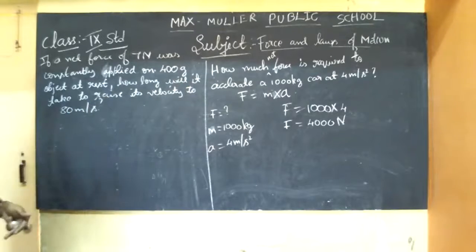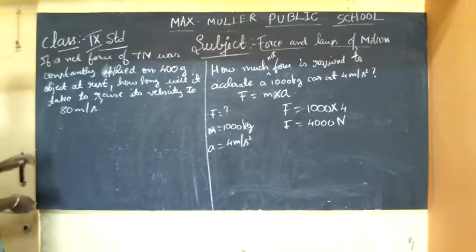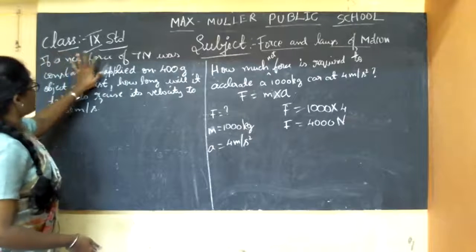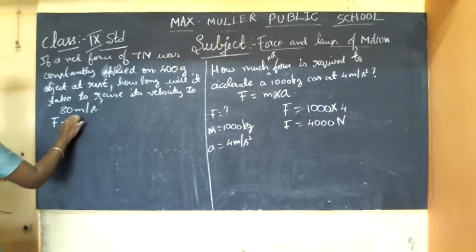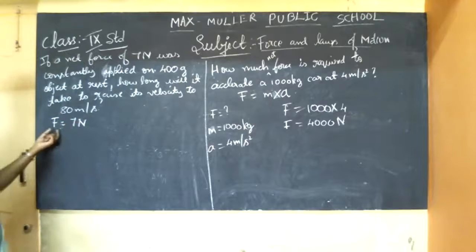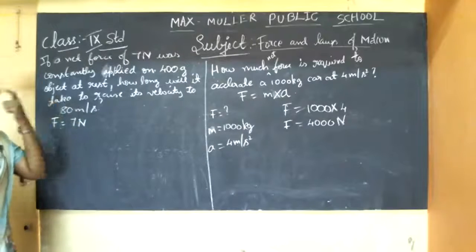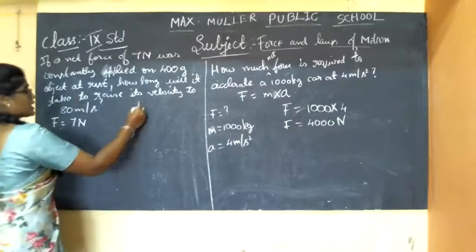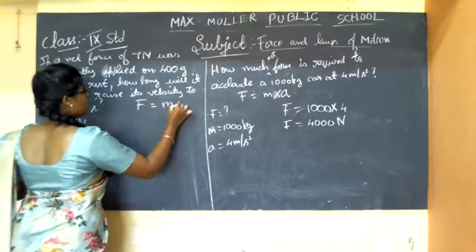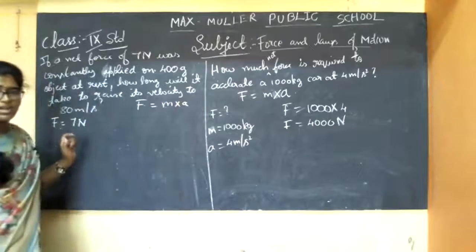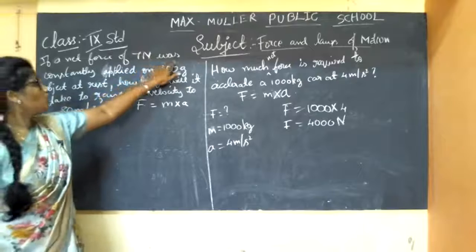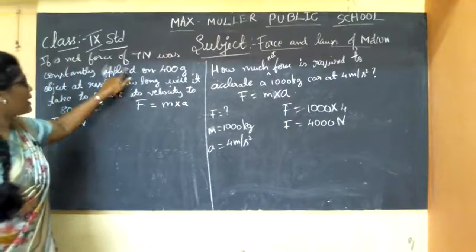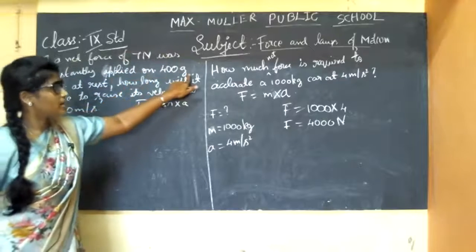Now, what all is given? See children, what is given? If the net force of 7 Newton, so F is given. F is 7 Newton. If you see net force only, you just remember the formula, that is Newton's second law, F is equal to M into A. Write it off. You will not forget. Force was constantly applied on 400 grams.